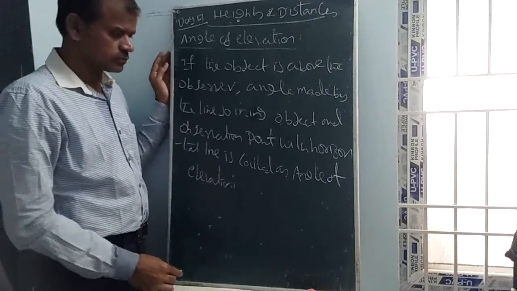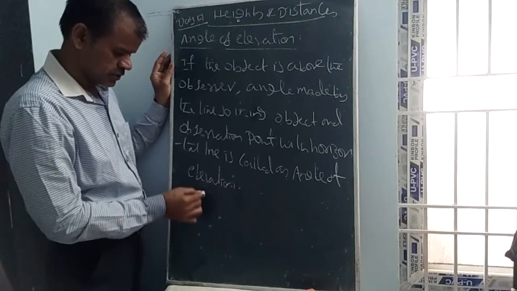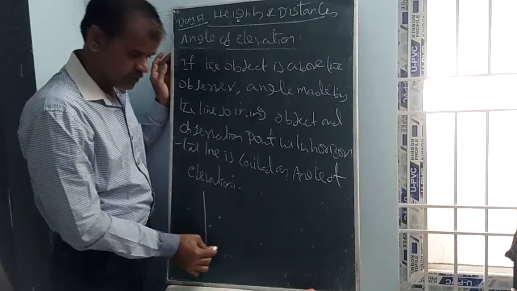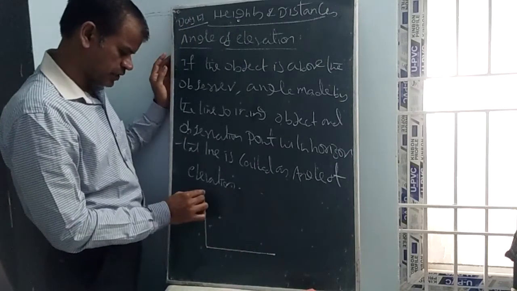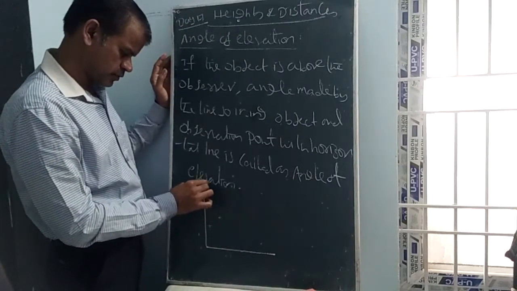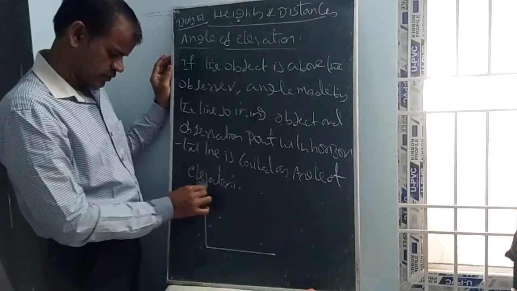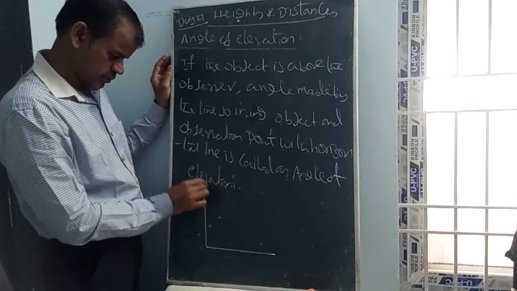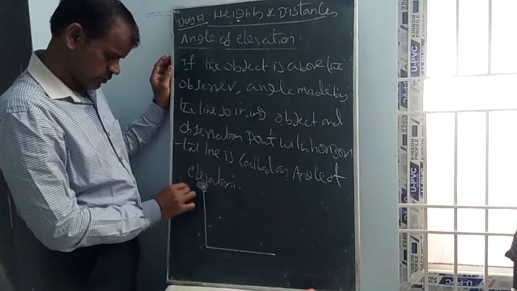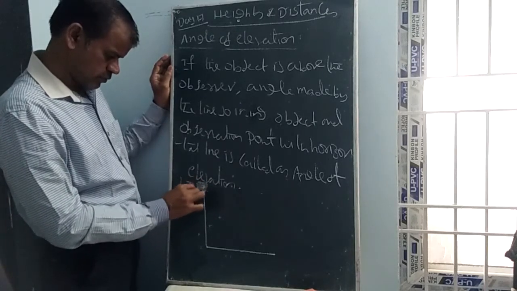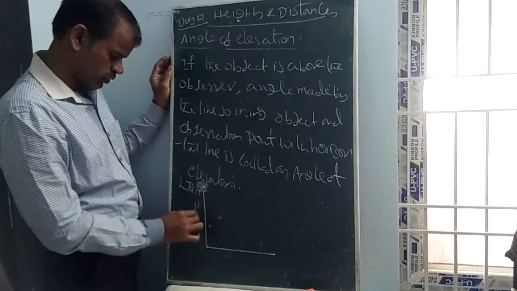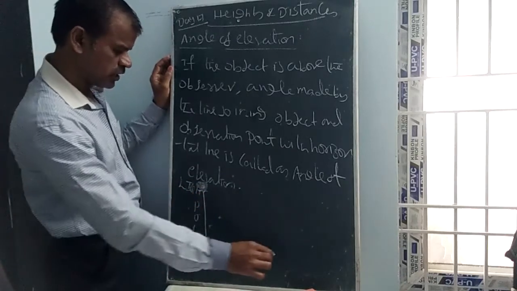Let us understand like this. This is a light pole. This is a light. And here a man is there.